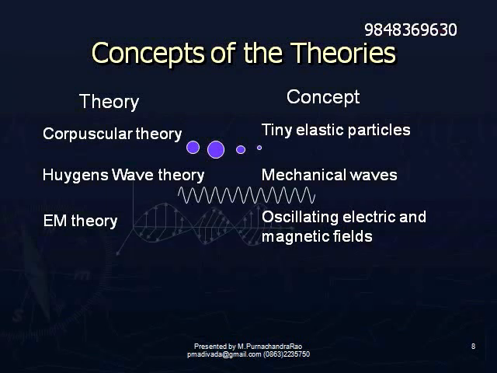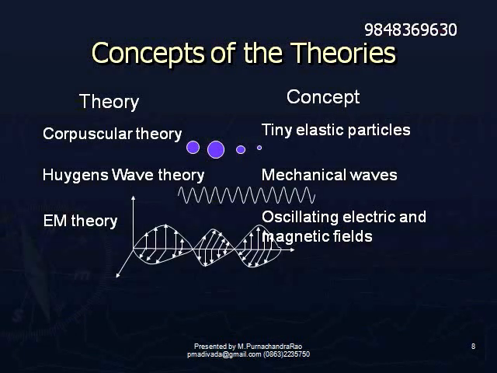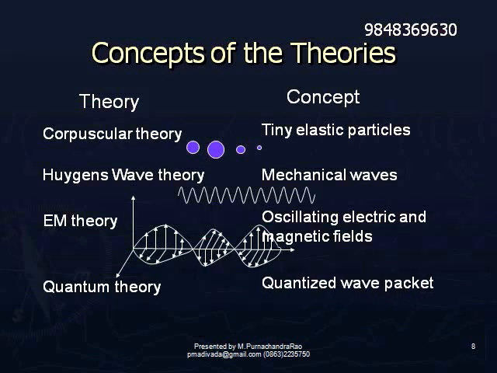Electromagnetic theory proposes that light is composed of oscillating electric and magnetic fields. And finally, quantum theory proposes that light is composed of wave packets. A group of waves is taken as a quantum, a packet, known as a photon. Like this, we notice different concepts.